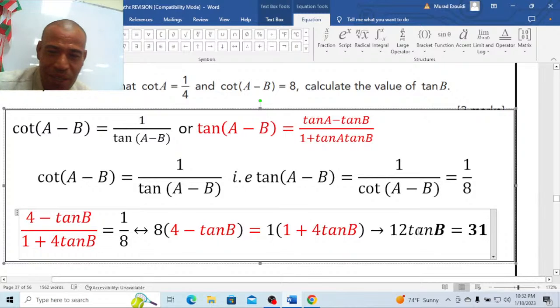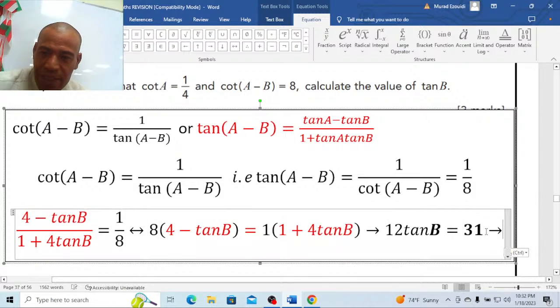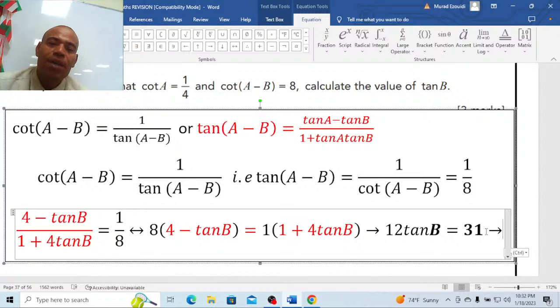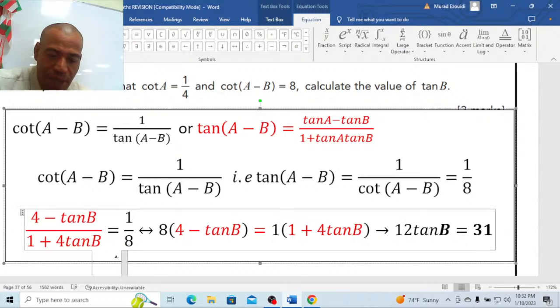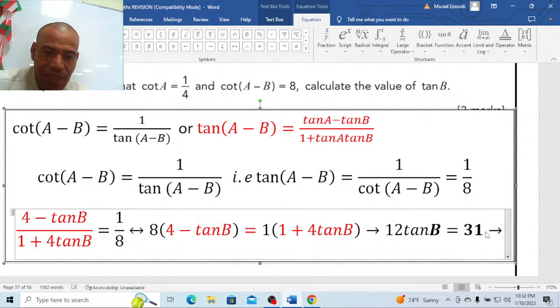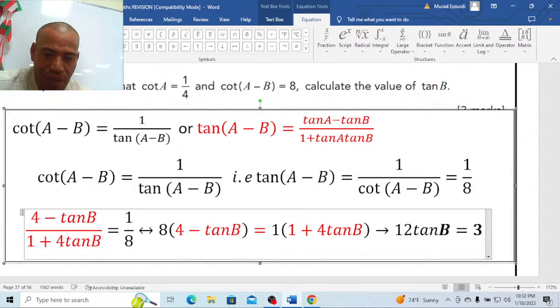As a conclusion, you can see that. I don't know if you have space or not, but I will do it like that. Therefore, learners, tangent B is, in fact, 12 tangent B, just write 12 tangent B. 12 tangent B is equal to what, learners? 31.